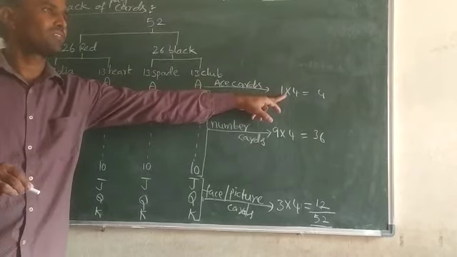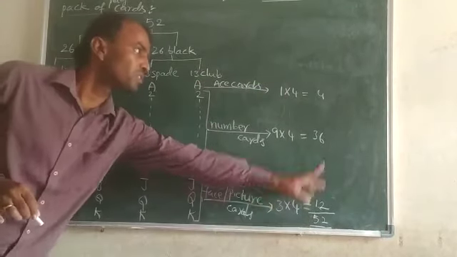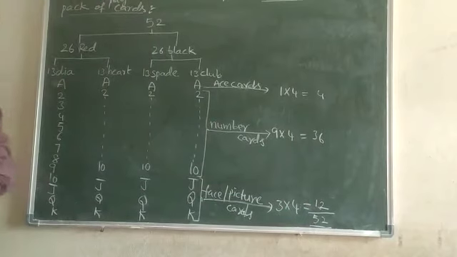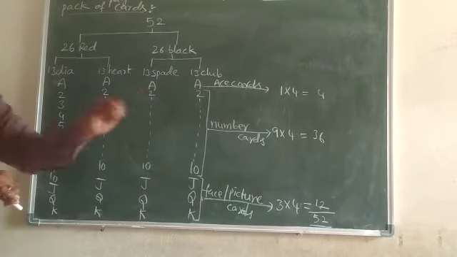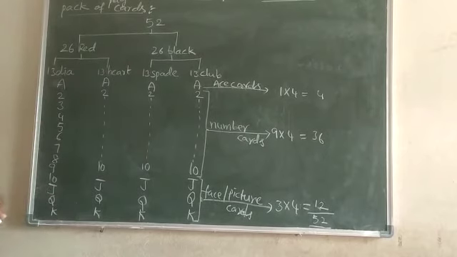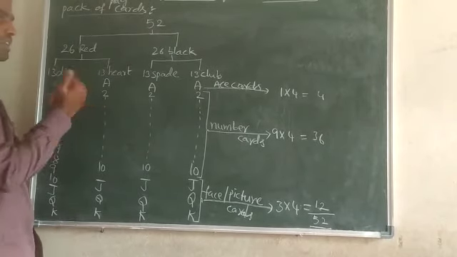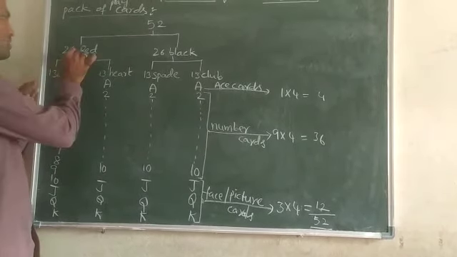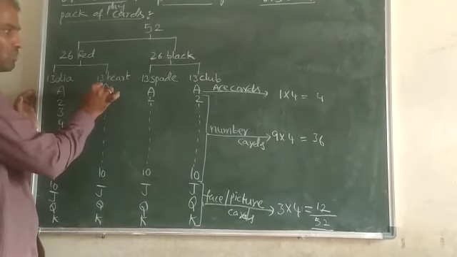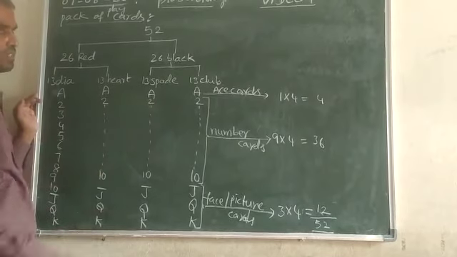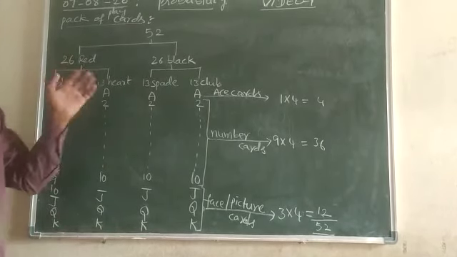Total 4 ace cards. So 4 by total cards 52, that is 4 by 52. Next, what is the probability of getting an ace card from red color? In red color there is 1 diamond and 1 heart, that means 2 cards. So 2 by total 52. So these are the question frames.